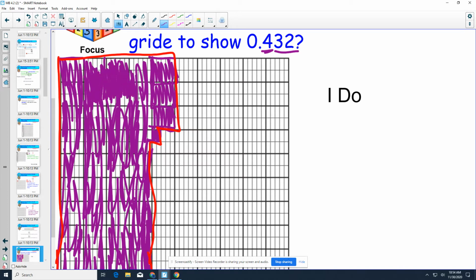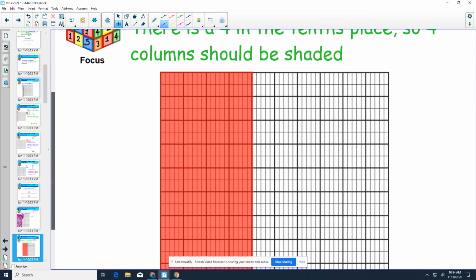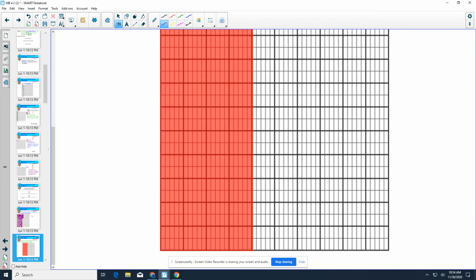So you can see there, we go through. And then it's always good to kind of trace it just to make sure that you have it there. So that's 432 thousandths. I have 100, 200, 300, 400, 410, 420, 430, 432. So 432 thousandths.